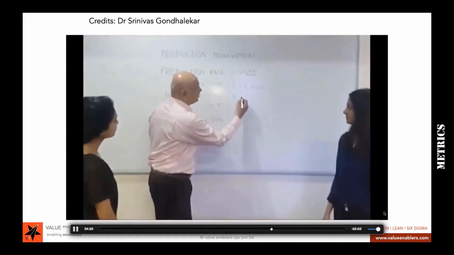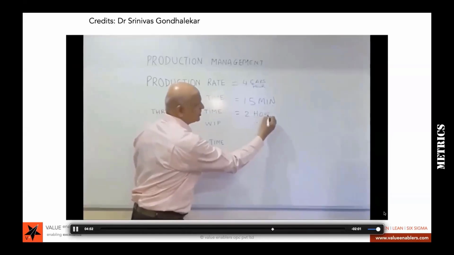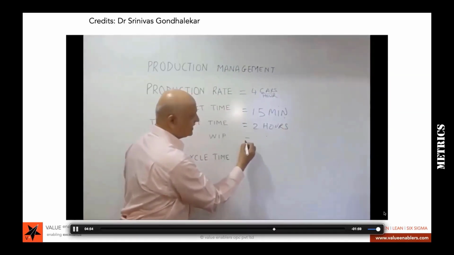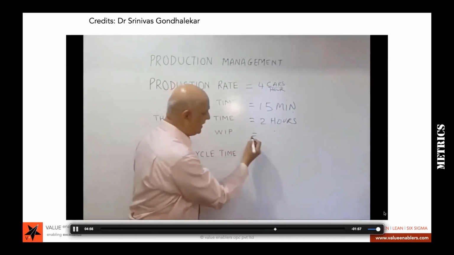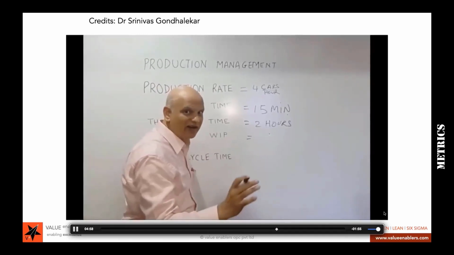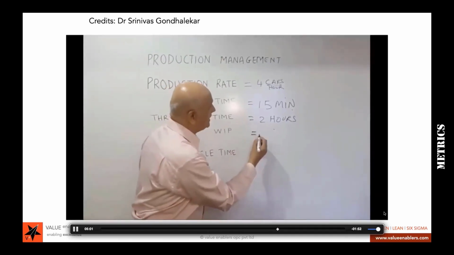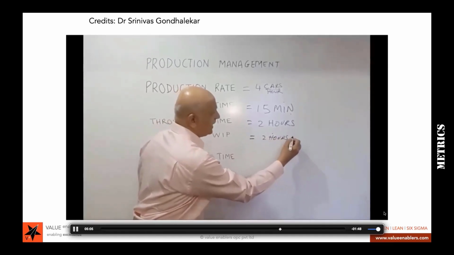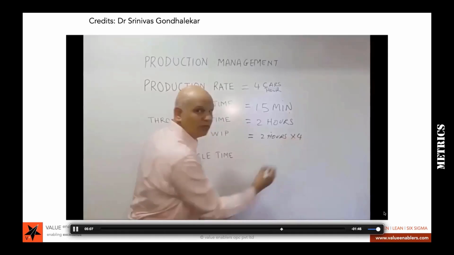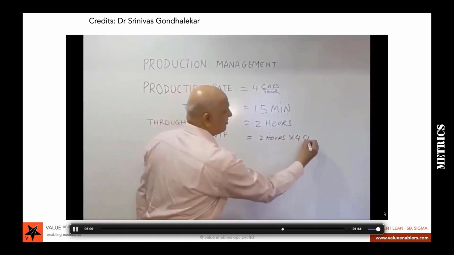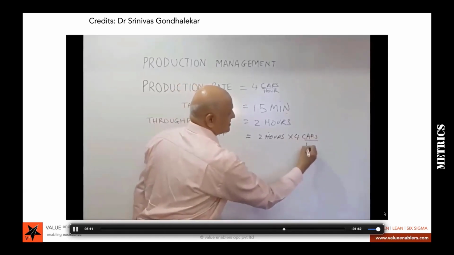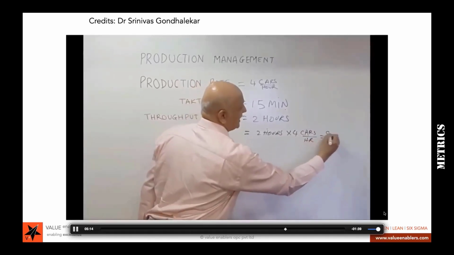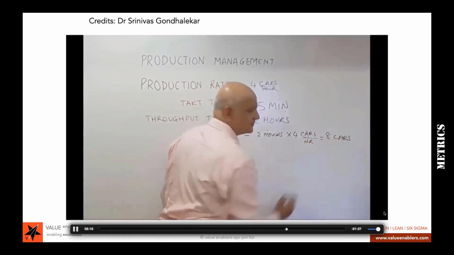We have said that the throughput time is 2 hours. So can you see any relationship? We can see that the WIP, which is the 8 cars, is actually 2 hours multiplied by 4 cars per hour, which gave 8 cars.